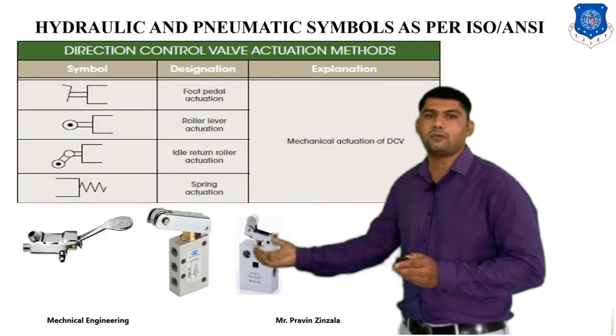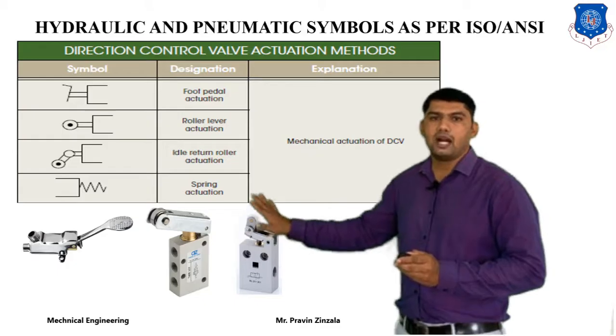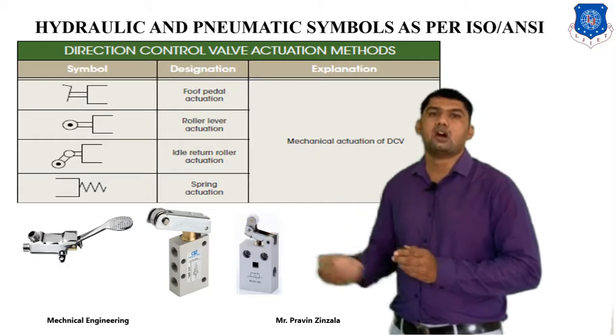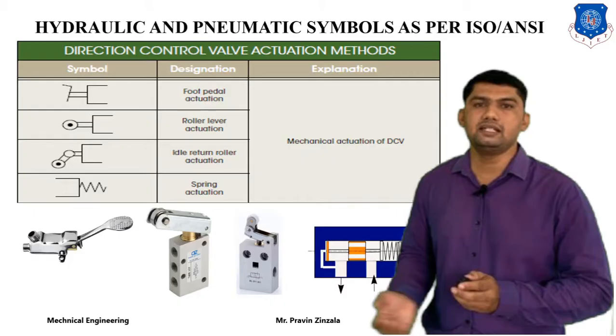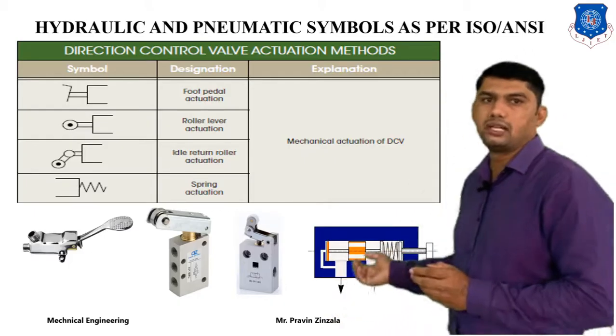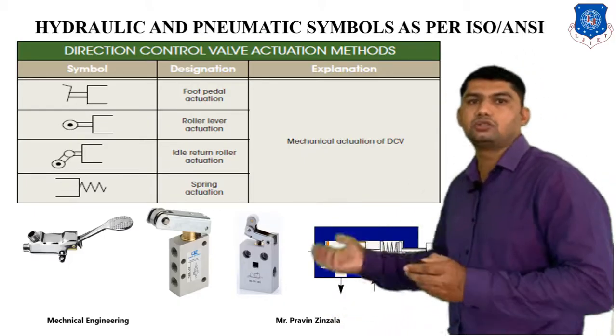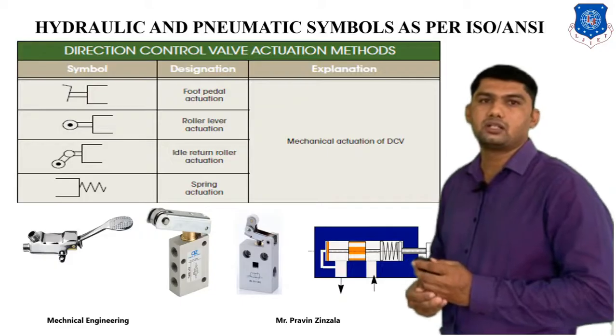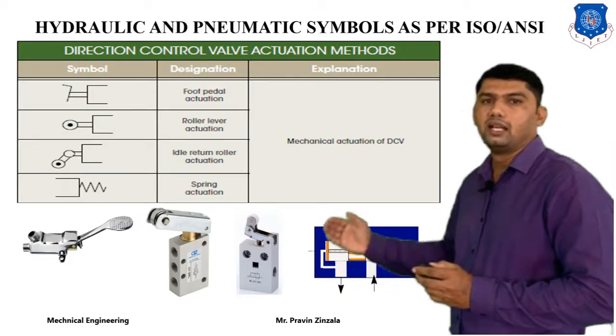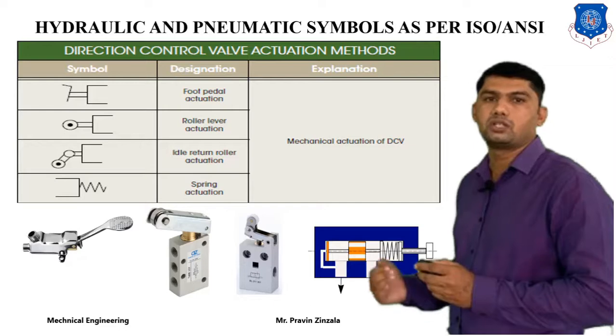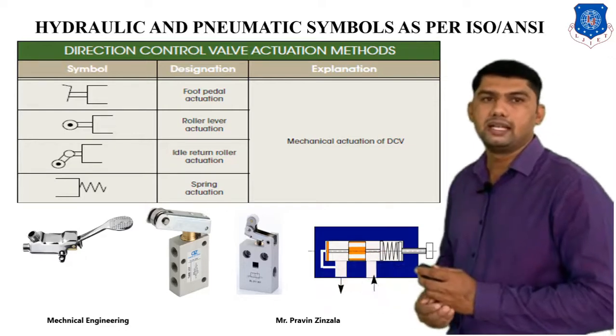This type of valve is used for operation in one direction. And the next one is spring actuation, meaning the direction control valve is operated by a spring, and it comes back to its original position by the spring.